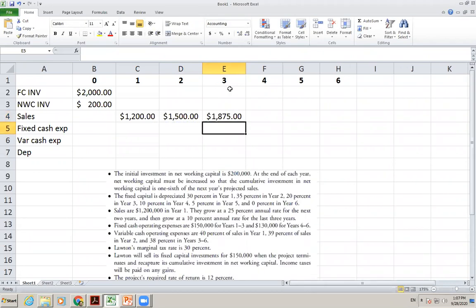And it says it will grow at a 10% annual rate for the last 3 years, so this is multiplied by 1.10.